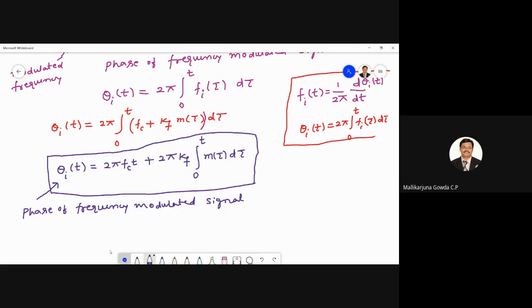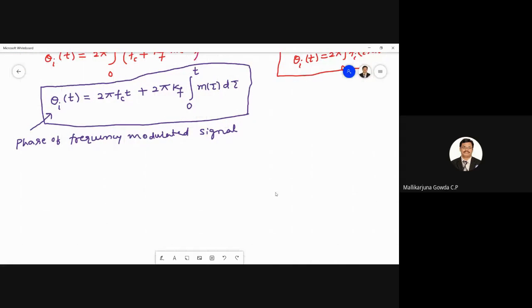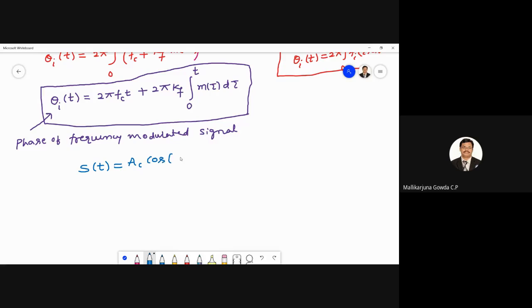Now let us write the expression for the frequency modulated signal, that is s of t. S of t is equal to Ac cos of theta i of t.